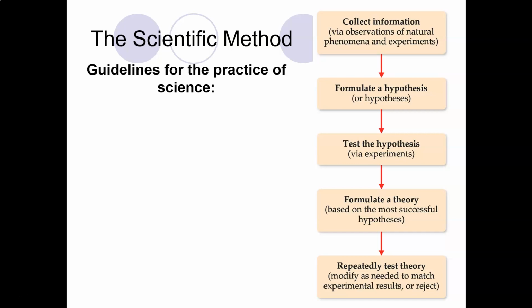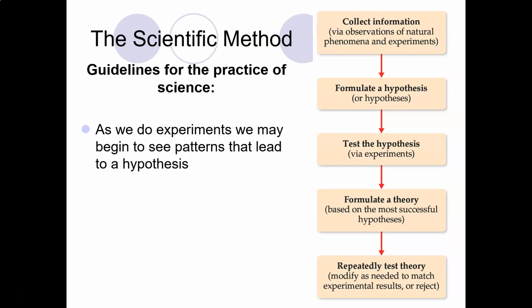So the scientific method is just a systematic way scientists approach learning about the world, solving problems, and coming up with statements or explanations about how things happen in the world. So as a scientist, we start by collecting information, making observations, seeing things, doing experiments.